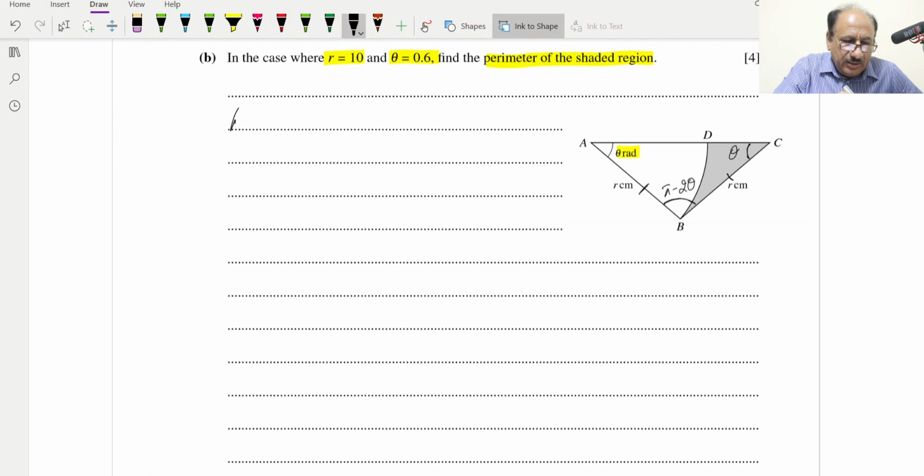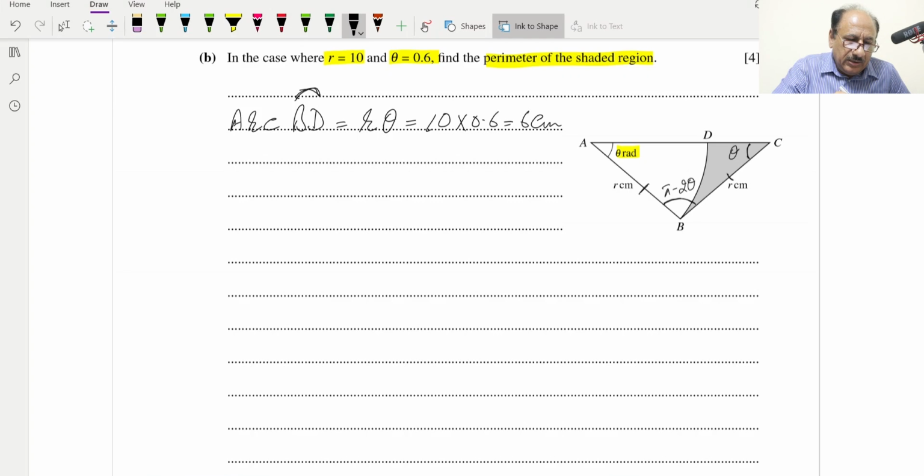So we can write arc BD. Arc BD will be equal to r theta, we know this is the formula, and r value is 10 and theta value is 0.6. So this will be equal to 6 centimeter. This will be the BD arc.